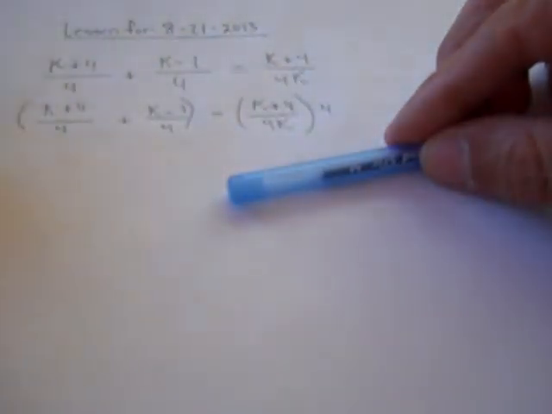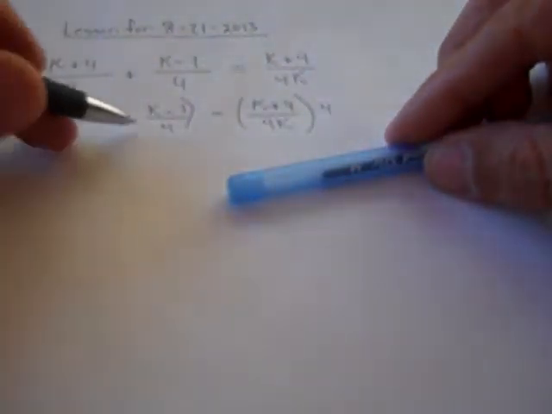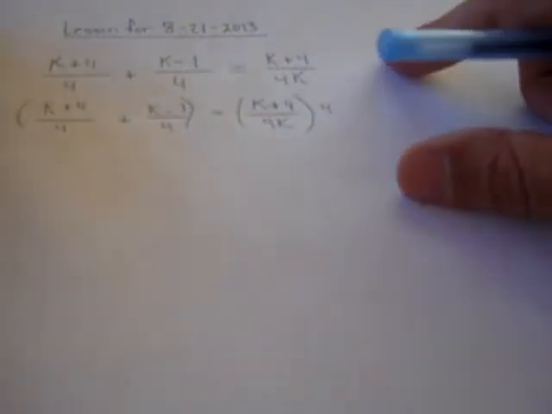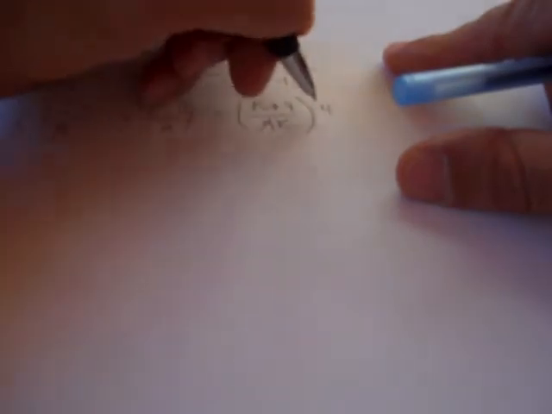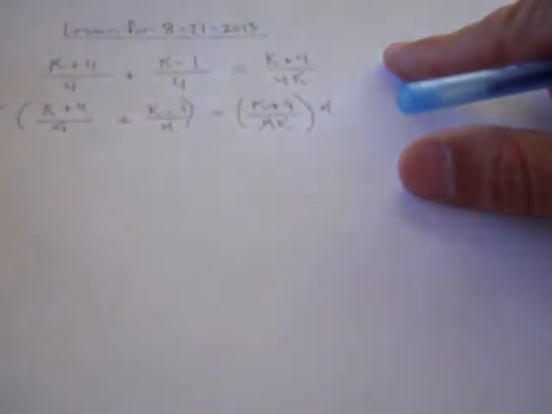Multiplying both sides by 4 eliminates the 4 in the denominator. The 4's cancel out on the left, and the 4 cancels out on the right side.